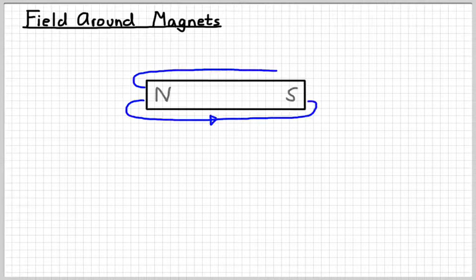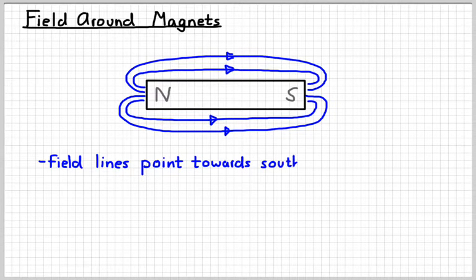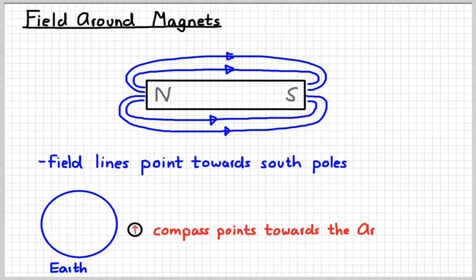Last thing, the field around a magnet is going to be like a loop, kind of like that, and the field lines are always going to point from north to south. Remember that the field lines indicate the direction that a compass points. So, if you've ever used a compass before, you would know that a compass points towards the quote-unquote North Pole.